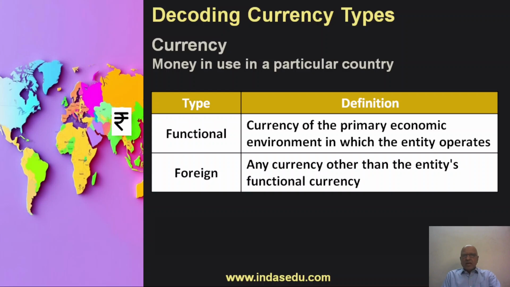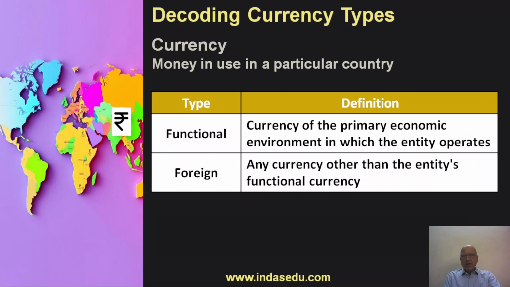Functional currency is the currency of the primary economic environment in which the entity operates. The functional currency influences the underlying events, transactions, and conditions that are relevant to a reporting entity. That means functional currency is the initial measurement currency for the preparation of financial statements.